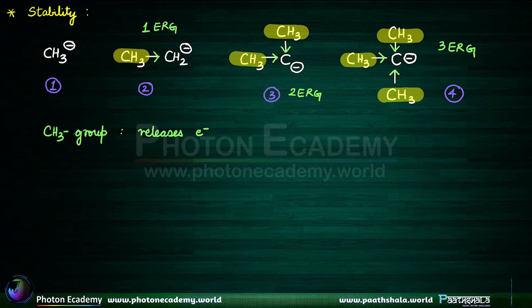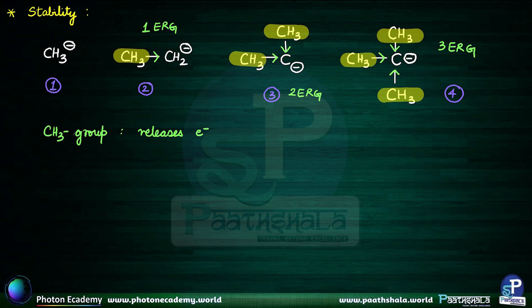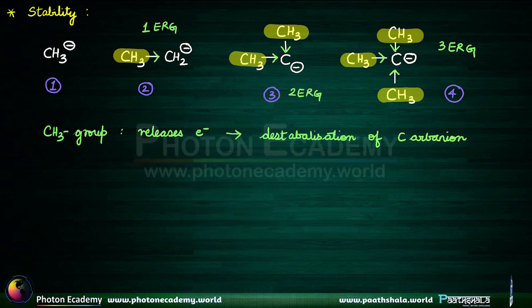Now, since an electron releasing group releases electrons, when it releases electrons, destabilization of the carbanion occurs. So when electrons are getting released, destabilization is occurring.